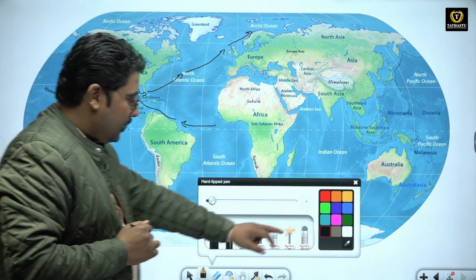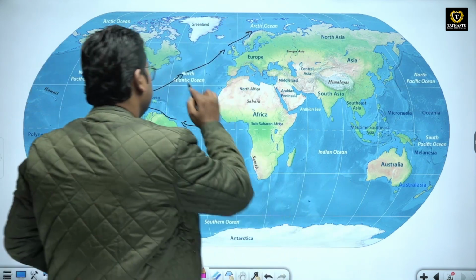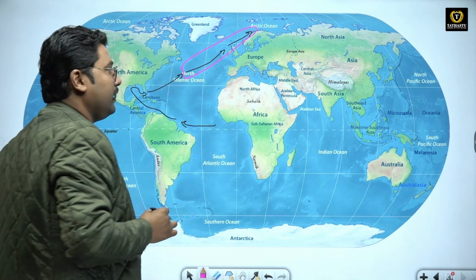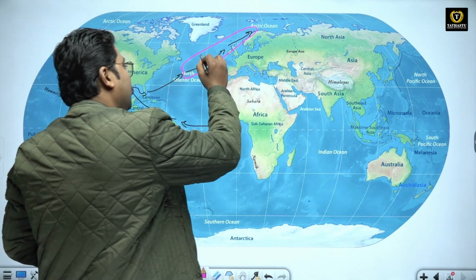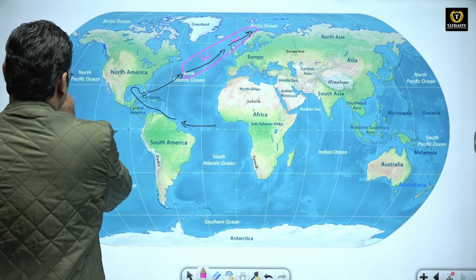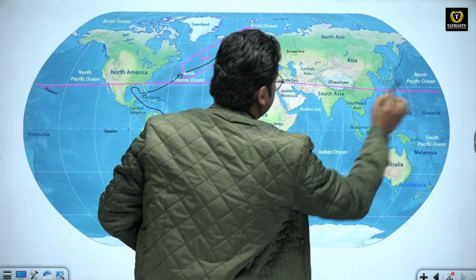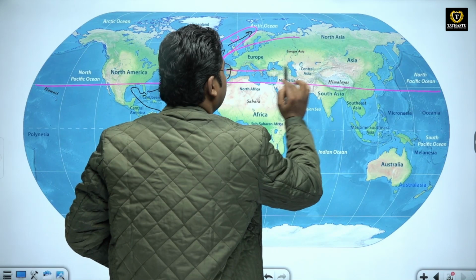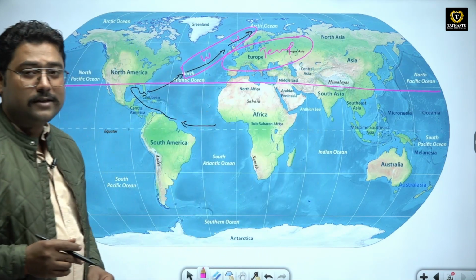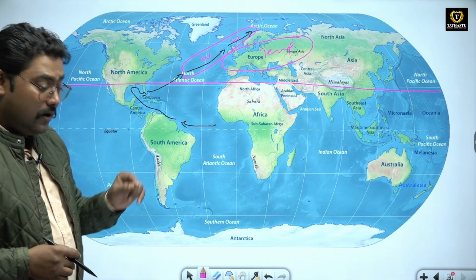Okay. Now, this North Atlantic Drift and Norwegian current both are warm in nature, and if you notice, they are moving in the temperate latitudes, where the temperature will be less.